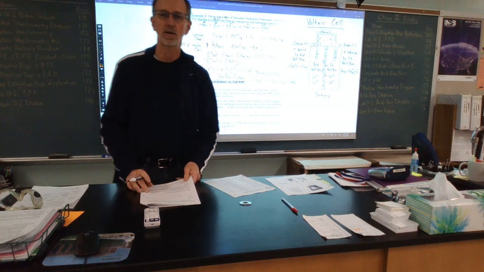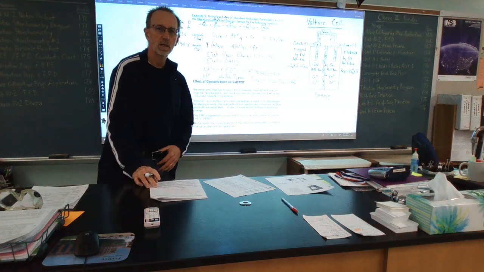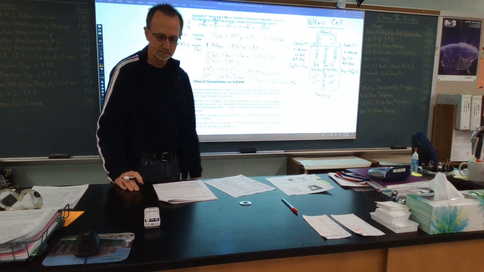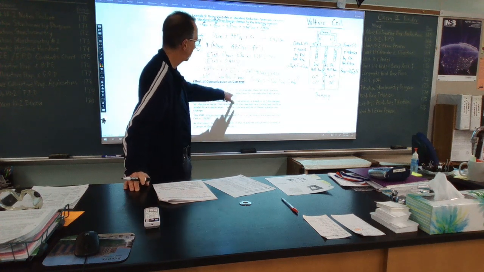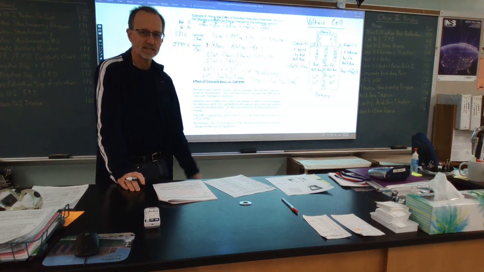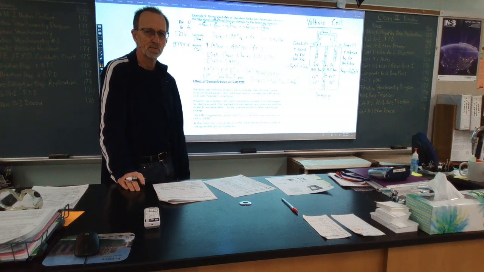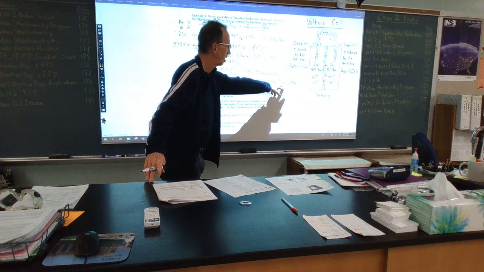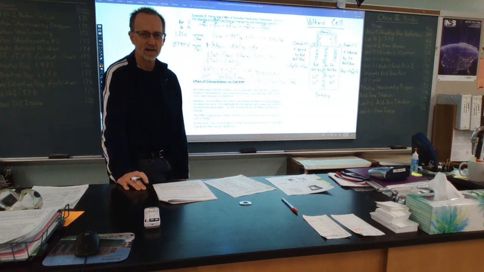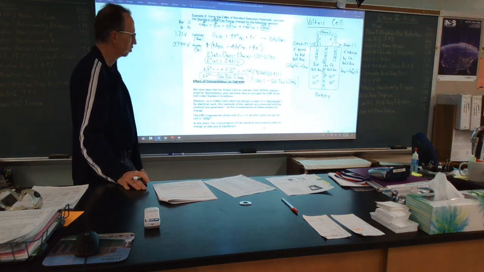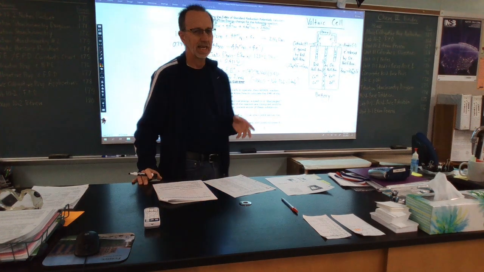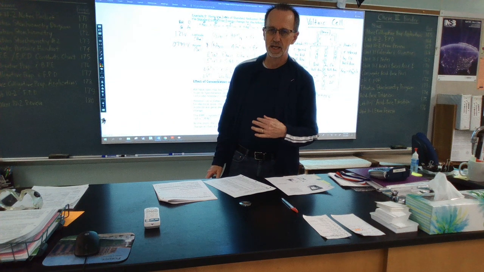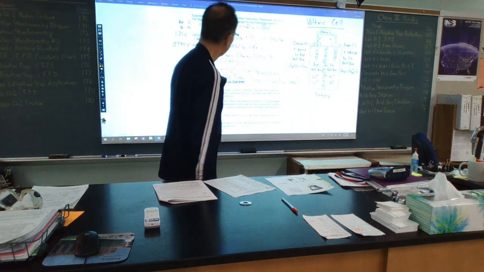Just watch for that on your homework or any other assessment, just in case you would have to do that. But this calculation here will give it to us in the SI or standard unit, which is joules per mole. This is the unit that is most commonly used, again, out of convenience, which is kilojoules per mole. So that's the relationship then between E cell and Gibbs free energy, delta G.